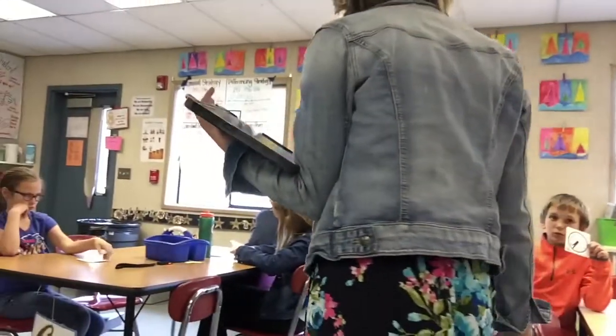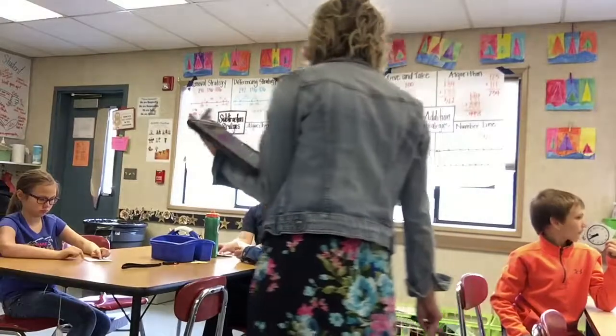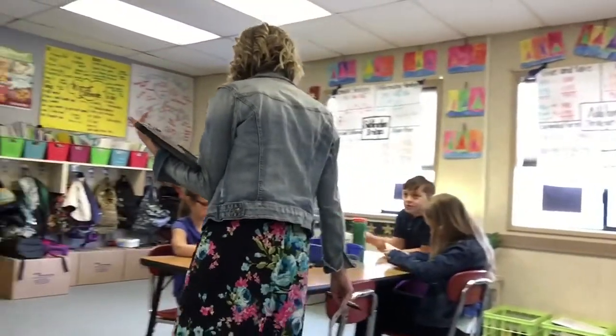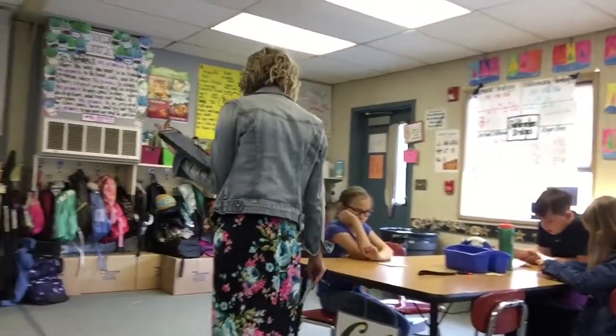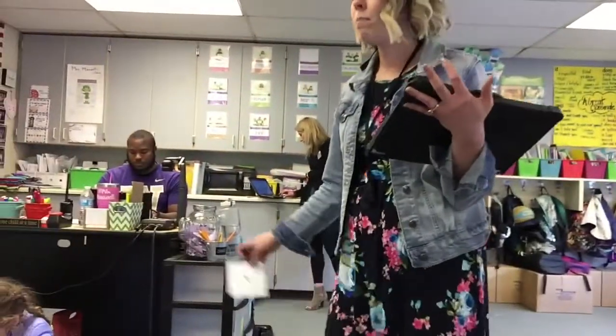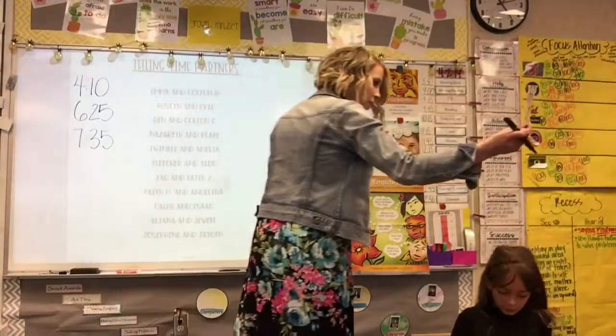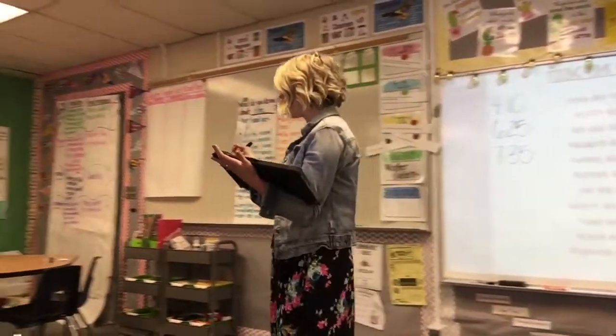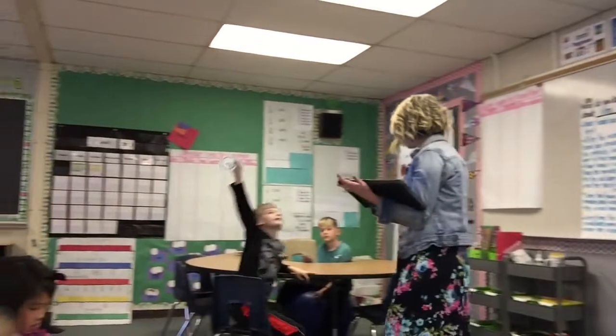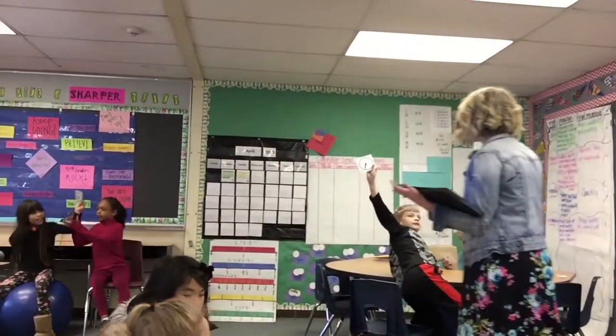Okay, check with my clock. I want you guys to notice where my hour hand is and where my minute hand is. Still working with increments of 5, so you should be able to count by 5s. Look where your hour hand is.